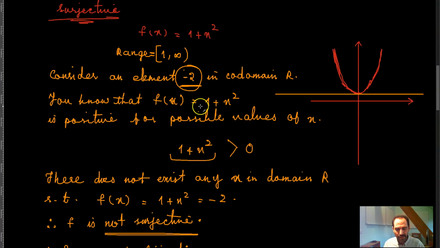And so you can create some argument here. For example, negative 2 is not a part of the range of your function, so negative 2 cannot be the output of the function, and that way you can solve the problem.